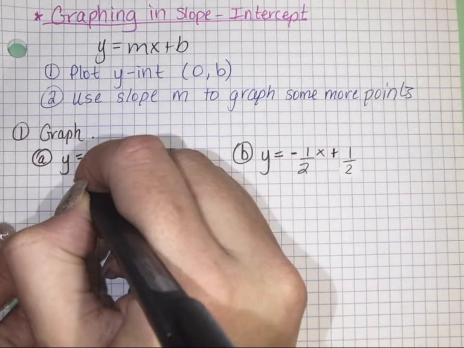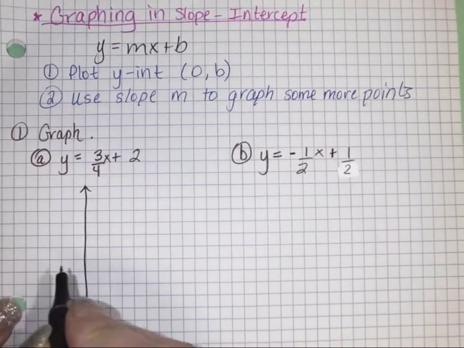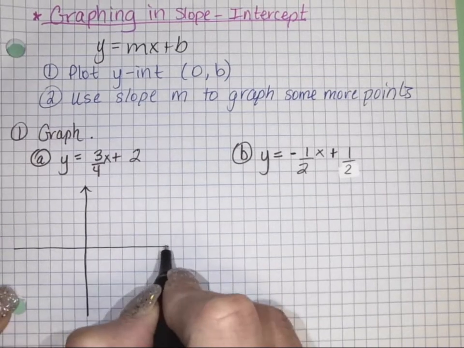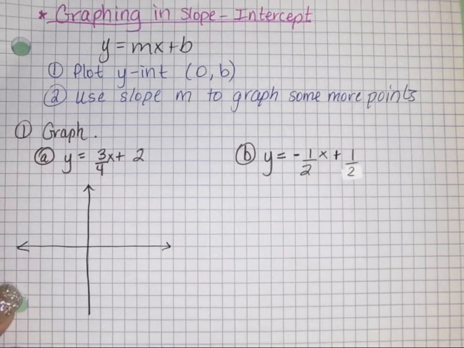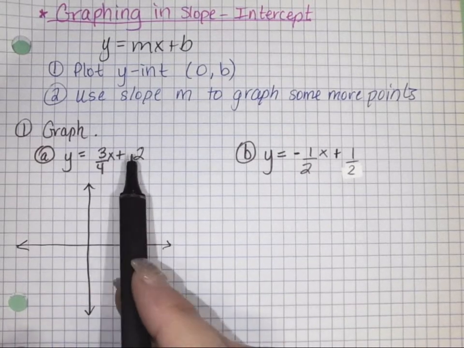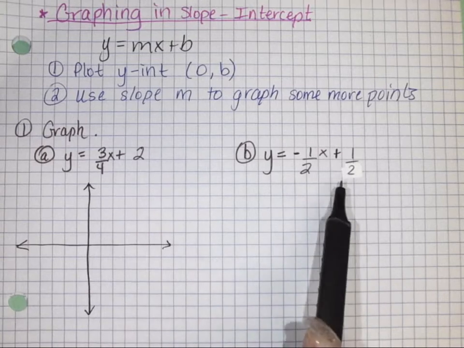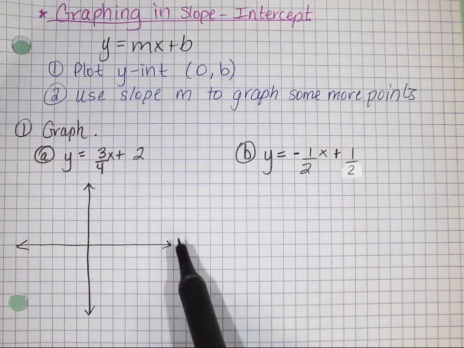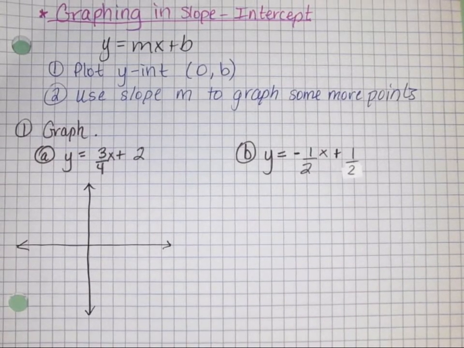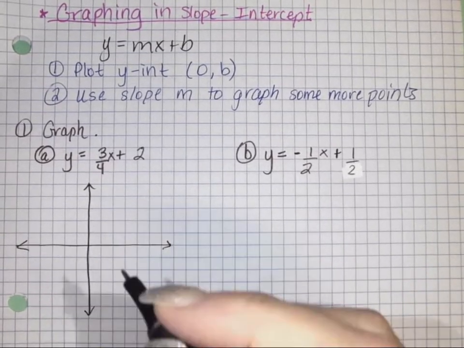All right, so in part A, let's first plot our y-intercept of 2. And in this case, if you know your y-intercept is small, such as 2 or 1/2, I would say just draw your graph out to about 5 or 6 places, and you can find free graph paper online and print some out if you have a printer at home.